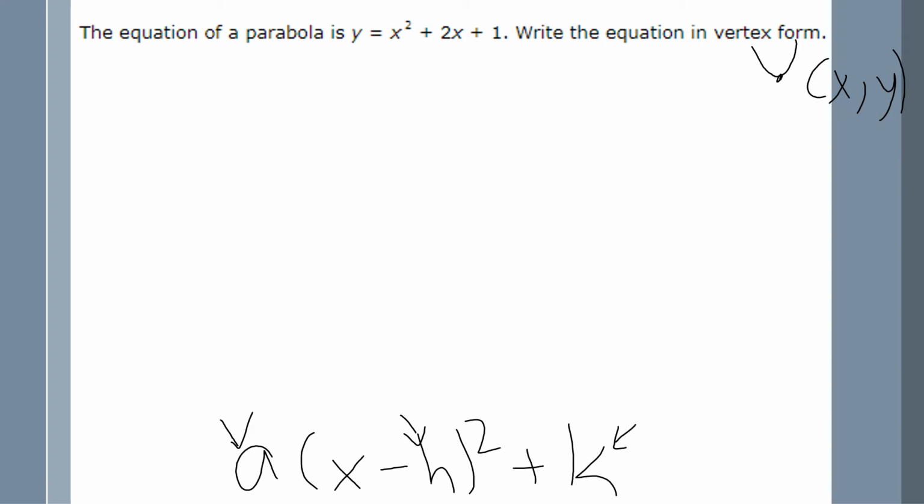Again, we're going to take the b term, which is 2, divided by 2, raised to the power of 2, and you get 1. That's what we get.